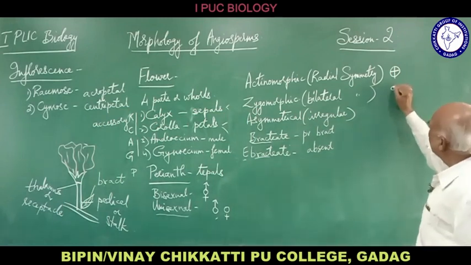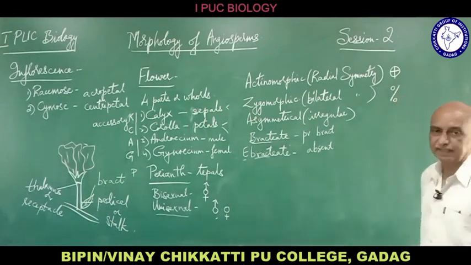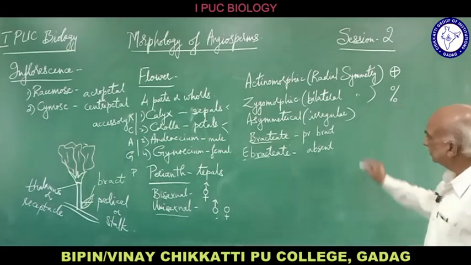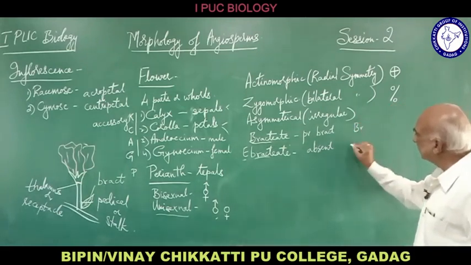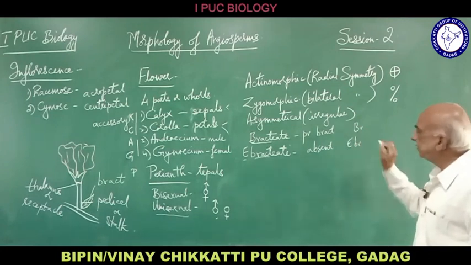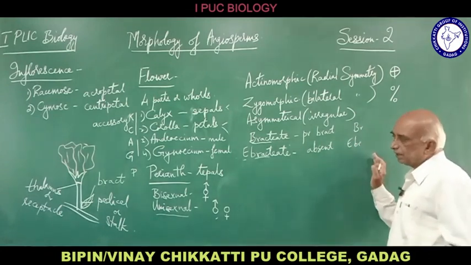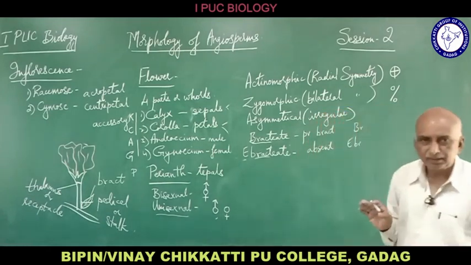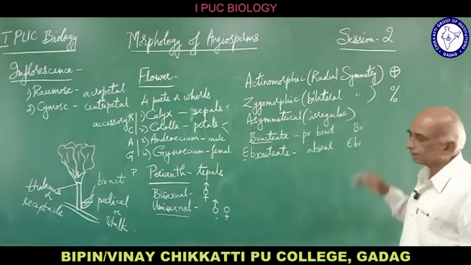For zygomorphic, a percentage sign. But for asymmetry, there is no particular symbol. For bracteate, BR is written. For ebracteate, EBR is written. That is how, in short, it is usually represented in the form of symbols.